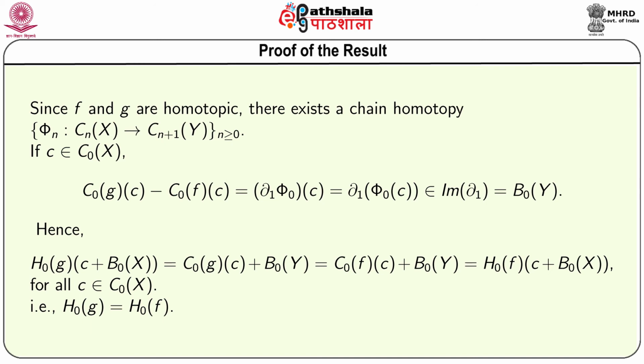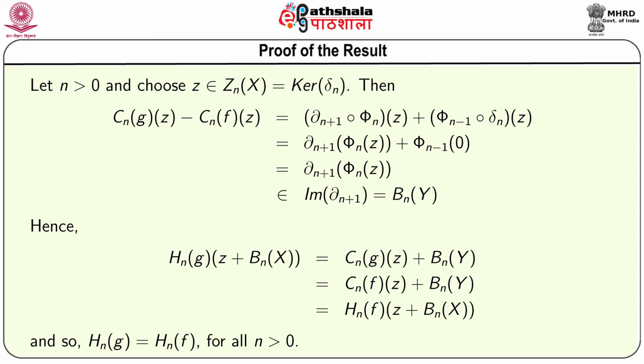Hence, H_0 g of c plus B_0 x is equal to C_0 g c plus B_0 y, and that is equal to C_0 f c plus B_0 y, which is equal to H_0 f operating on c plus B_0 x for any c belonging to C_0 x. Therefore, H_0 g is equal to H_0 f.